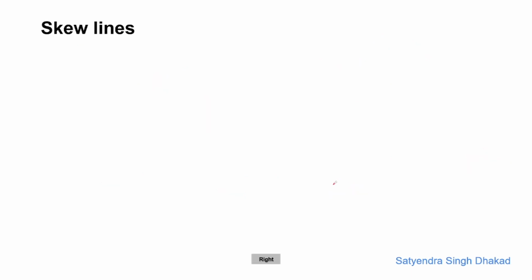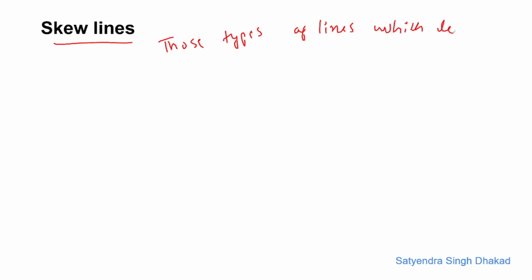Next is skew lines. What is skew lines? Those types of lines which lie in different planes.